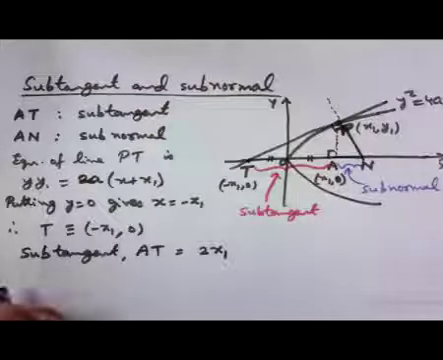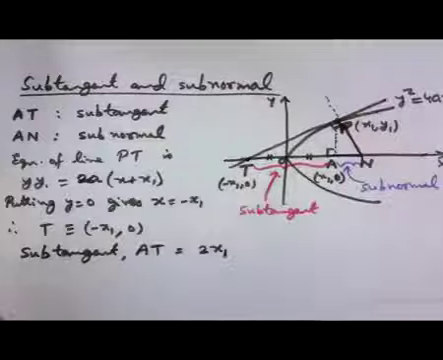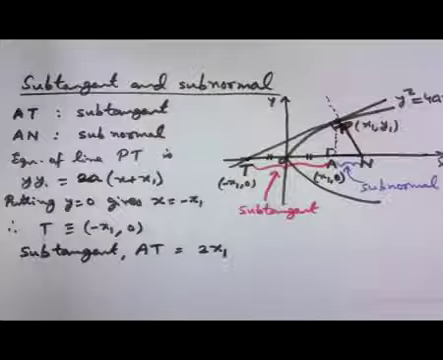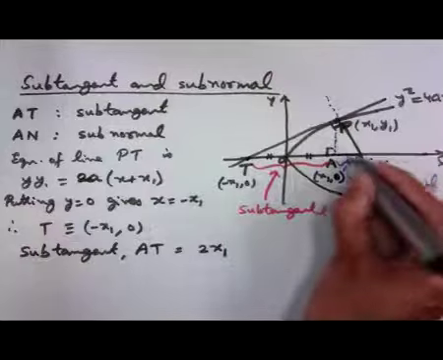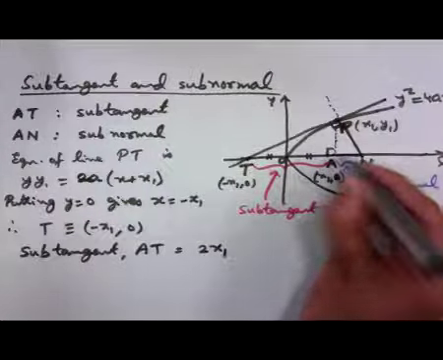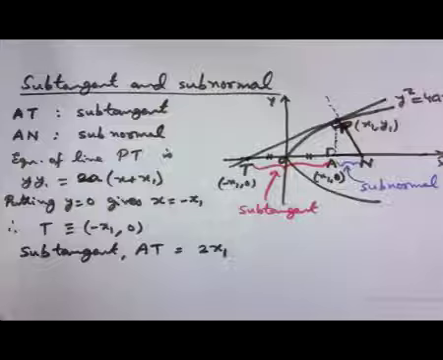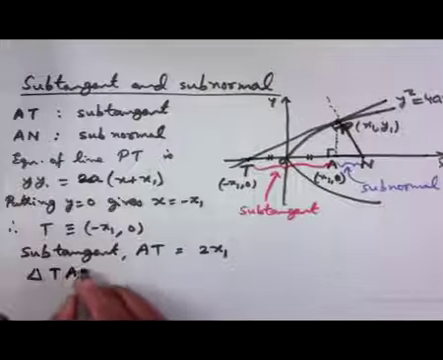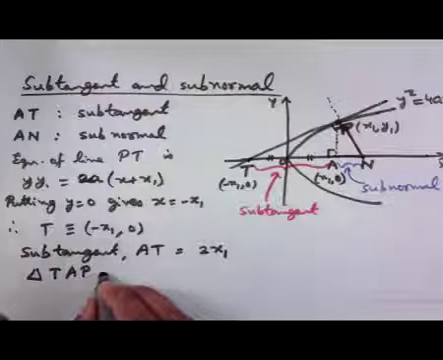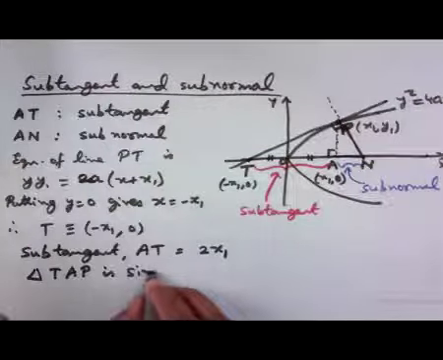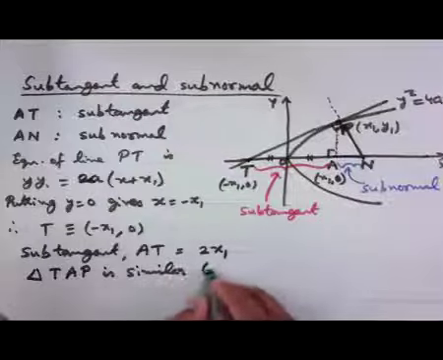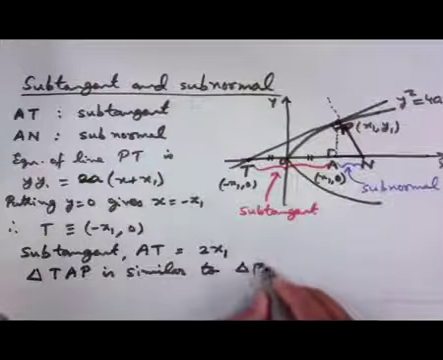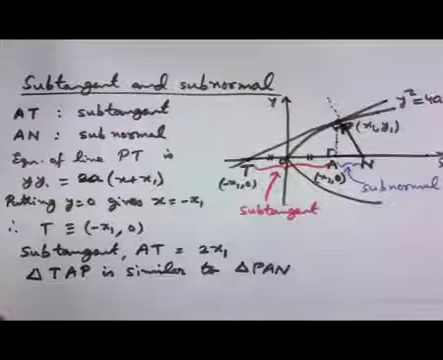And what is A N, the subnormal? To find this subnormal, note that this triangle T A P is similar to triangle P A N. Why is this?